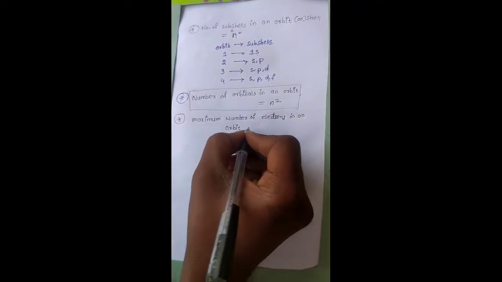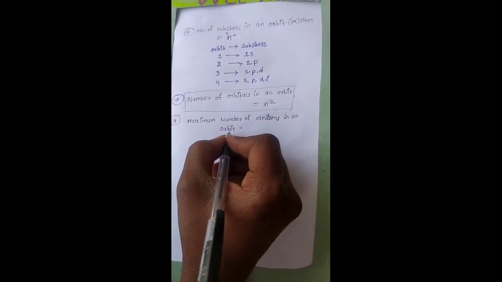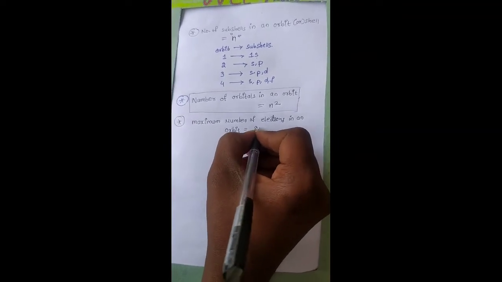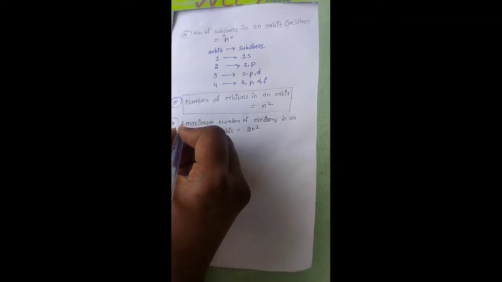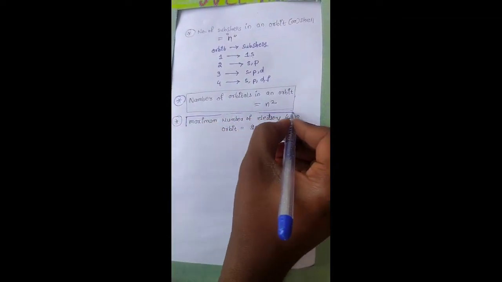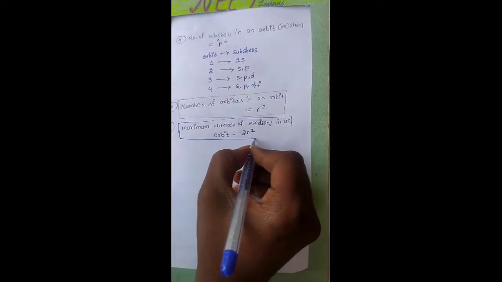What is the maximum number of electrons in an orbit that we have to calculate? The formula is 2n square. It is also one of the important formulas, 2n square.